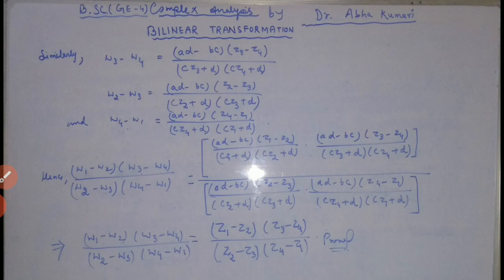So now we put all these values in the left hand side, what we have to prove. So the left hand side is (W1 minus W2)(W3 minus W4) divided by (W2 minus W3)(W4 minus W1).